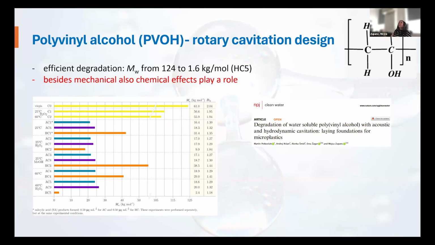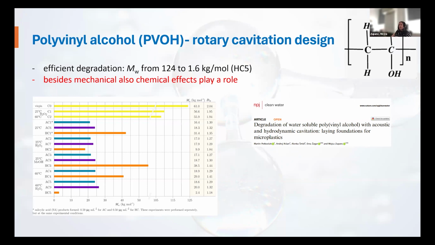What we have tested here is looking at its molar mass, which we decreased from 124 kilograms per mole down to 1.6 kilograms per mole. And we can see that here we tested the degradation of the carbon-carbon polymeric chain, which you can see in the right corner. We tested it with acoustic and hydrodynamic cavitation. And we can see here that we can always achieve better results with the addition of an external oxidant, because when only cavitation is used, the breakage of the chains only goes mechanically.